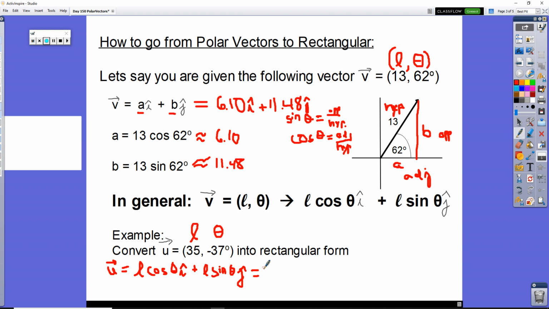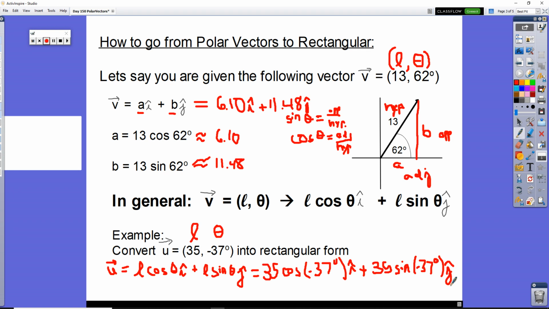So for us, that's going to be 35 times the cosine of negative 37 degrees in the i direction, and then add that together with 35 times the sine of negative 37 degrees in the j direction.